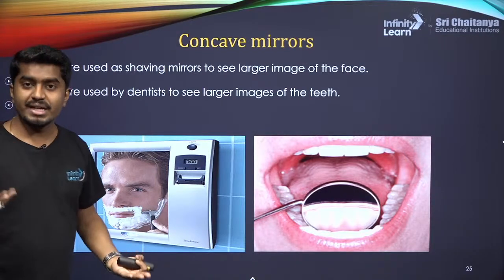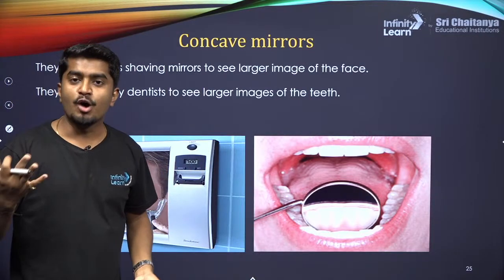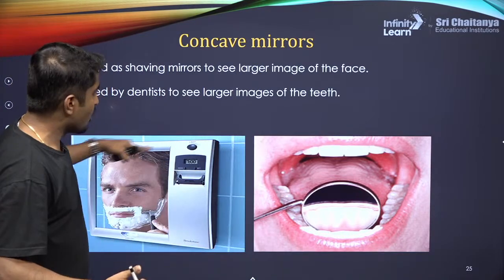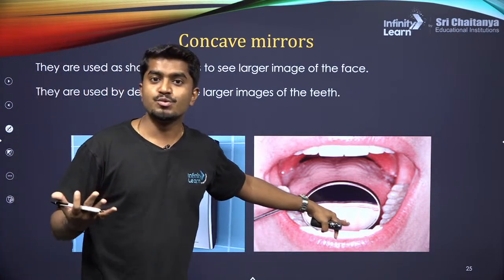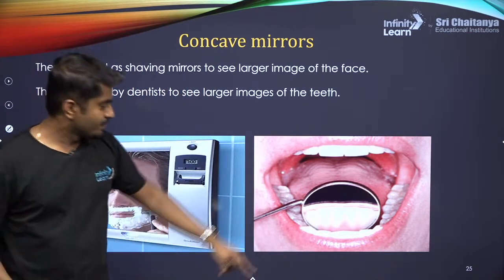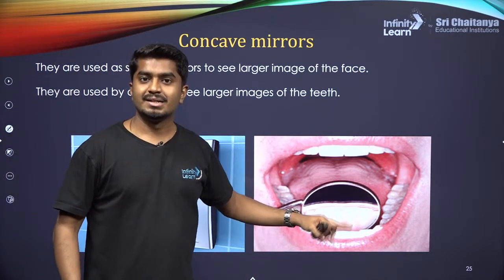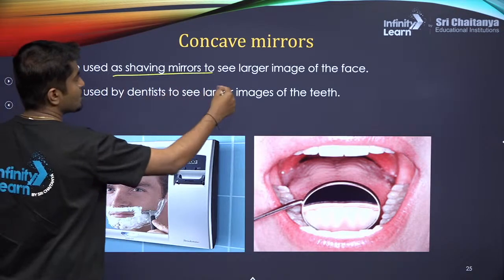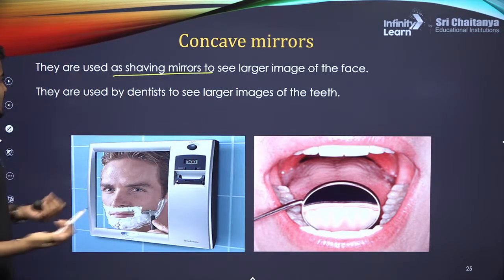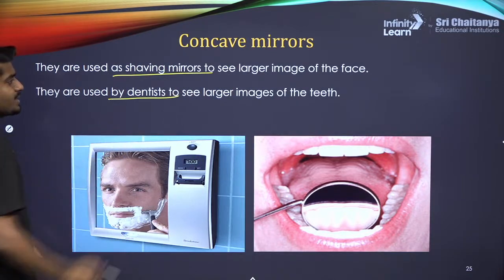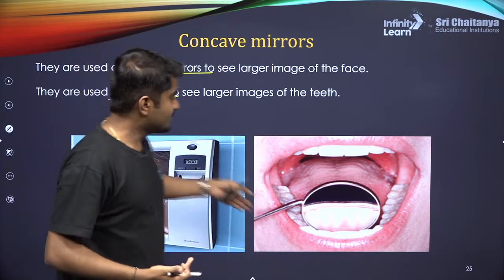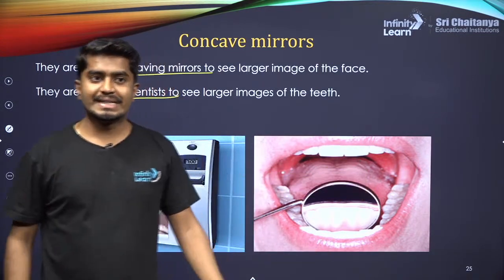If you want to shave, this will help you identify the small hair on the face, or the dentist uses it to see the cavities in your teeth. These are some of the applications: shaving mirrors to see a larger image of the face, or dentists to see cavities or any other problem with your teeth.